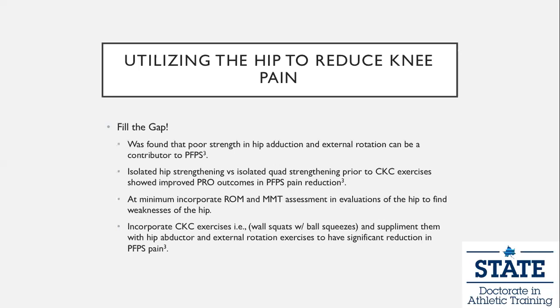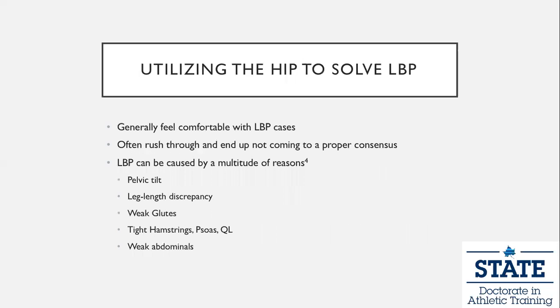I need to have a full, complete passive, active, resistive range of motion testing, and I need to reiterate to myself that I need to manual muscle test as much as possible, because there could be just that one thing that I don't test or look at, which can give me all the information I need, and I can miss it by being lazy. So this will only help me get better.